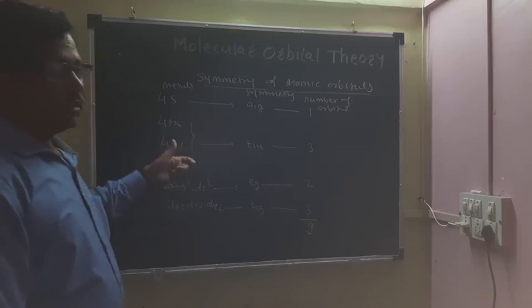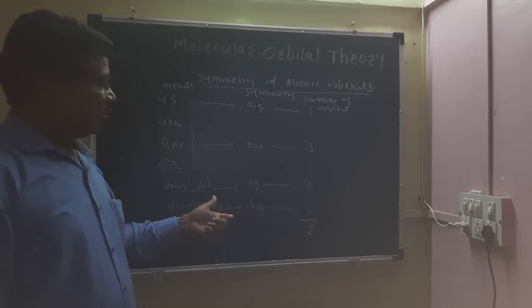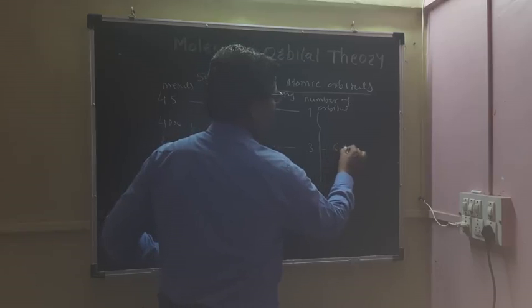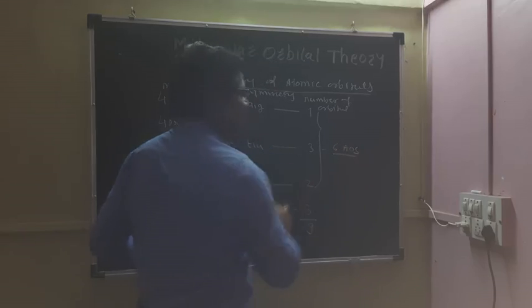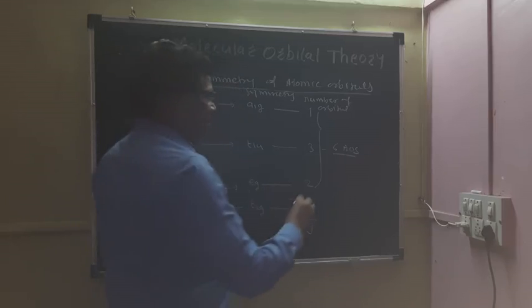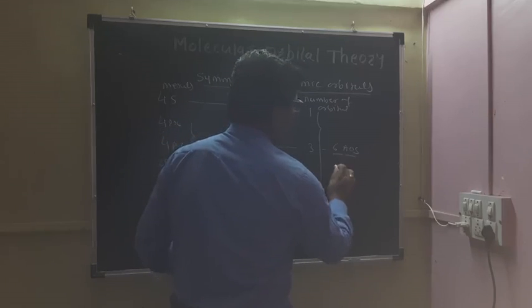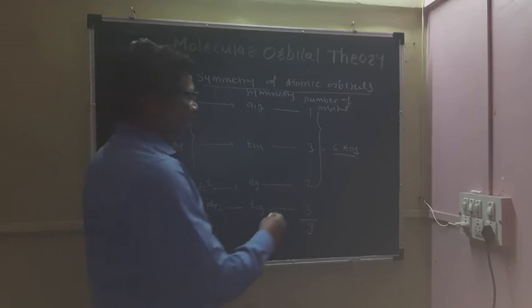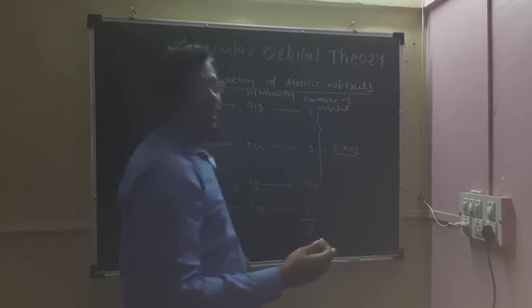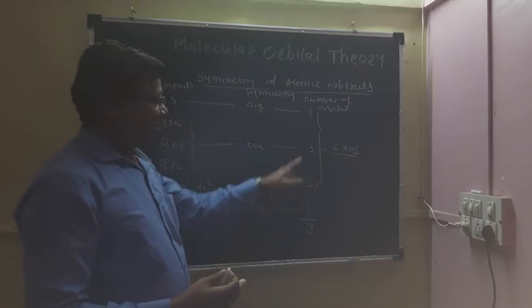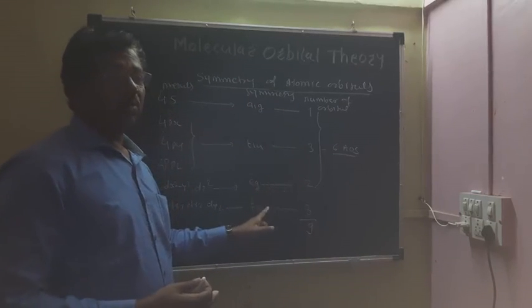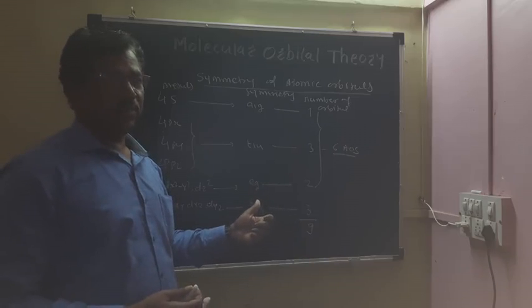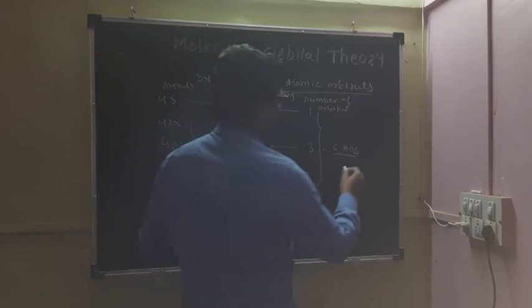Out of 9 atomic orbitals, only 6 atomic orbitals match the symmetry of the ligand group orbitals, and these are combined with ligand group orbitals to form pure sigma bonding molecular orbitals.